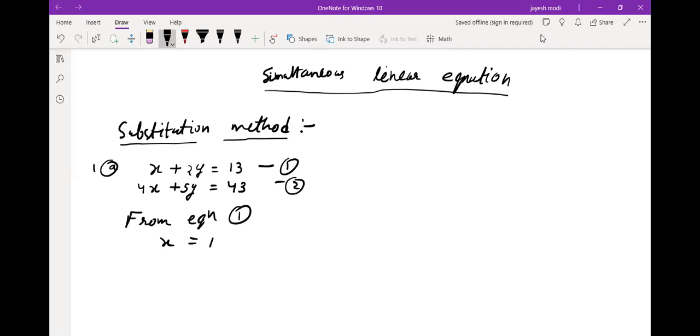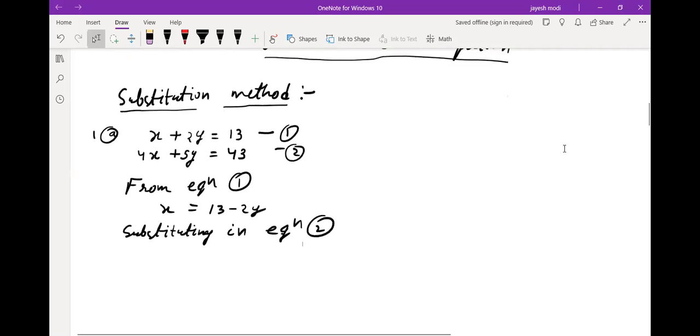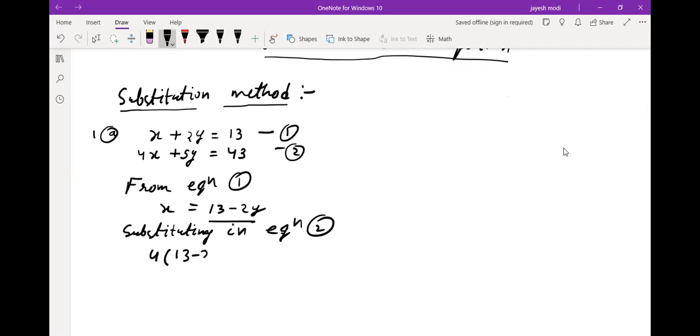13 minus 2y. And substitute it in equation 2. What do we get? 4 into, in place of x, 13 minus 2y, plus 5y equals 43.